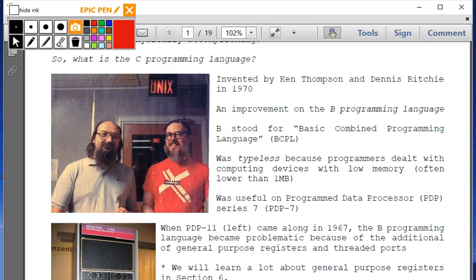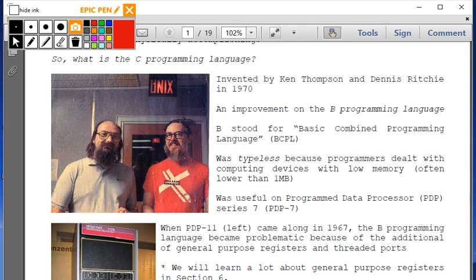It's an improvement on the B programming language, which stood for Basic Combined Programming Language. It was a typeless language because they were trying to work on computers with low memory, less than 1 meg. If you think about it now, we all carry around phones that have hundreds of gigabytes of memory. We all have phones that have more memory than the Apollo missions.